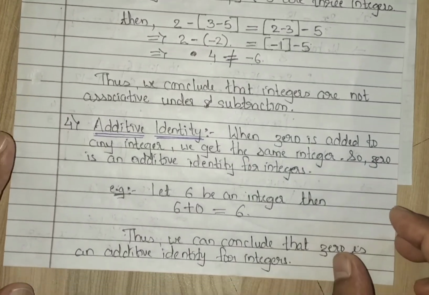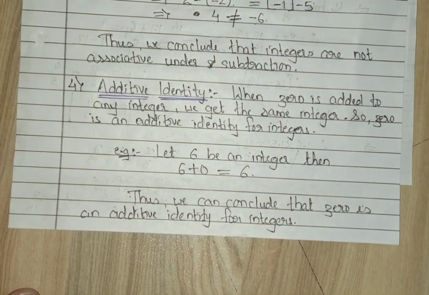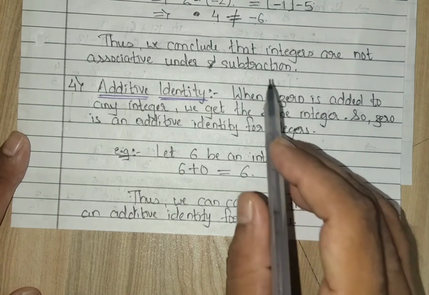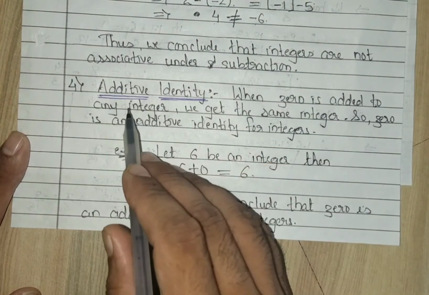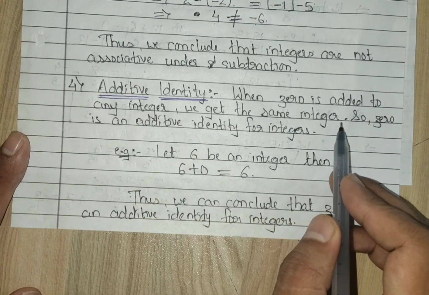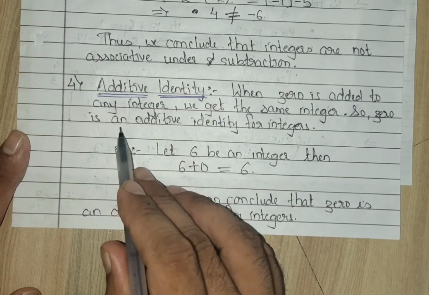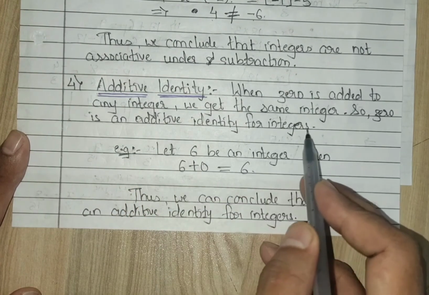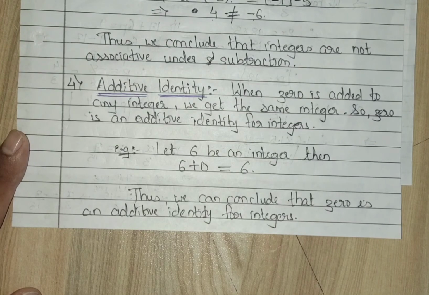Now, the fourth property, additive identity. It is only for addition. Even if you subtract a 0, then also the result is same. When 0 is added to any integer, we get the same integer. So we can say that 0 is an additive identity for integers. Students, let me explain you with an example.